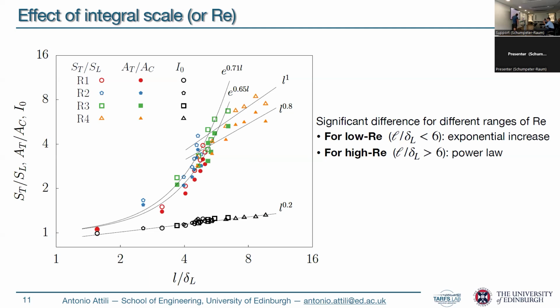And what you see again here, if you go in this region, which is basically low Reynolds number behavior, you see that there is a very strong increase, which is actually exponential. If you go to Reynolds numbers which are high enough, you push it as much as you can. So these orange dots here are for the highest Reynolds number flame. You end up in a different regime, with an almost linear proportionality between these two things.